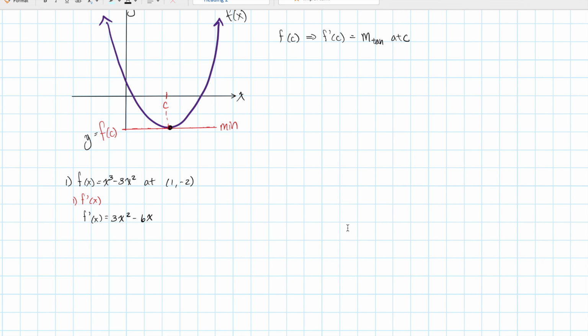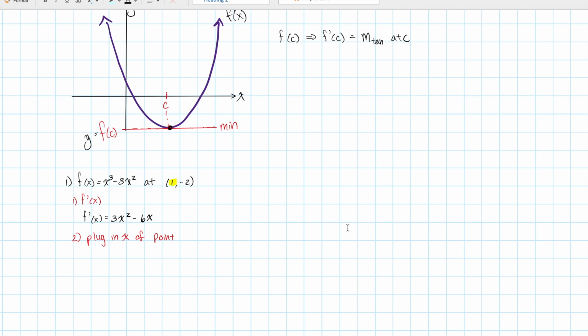Okay, so now that we have the derivative function, 3x squared minus 6x, we need to see, well, we're looking at this particular point. So we need to plug in only the x value, right? So our step 2 is going to be plug in x of the particular point, because we want to know what the slope of the tangent line is.